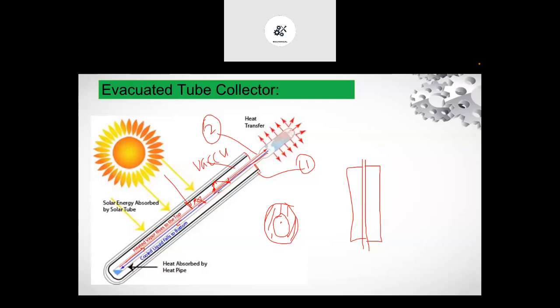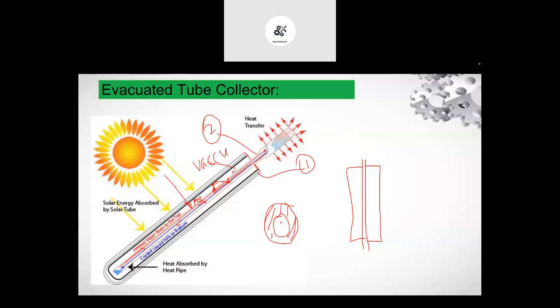So practically there is no heat loss in this case. Also, the heat loss due to conduction and convection is zero because there is a vacuum between these two pipes. So the heat loss in this evacuated tube type of collector is very less, nearly negligible, and that's why the efficiency is very high.